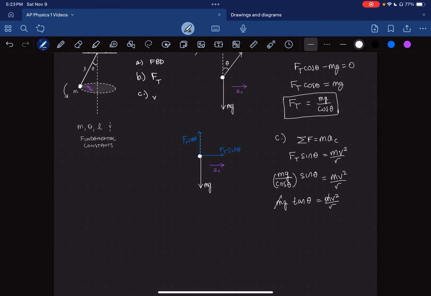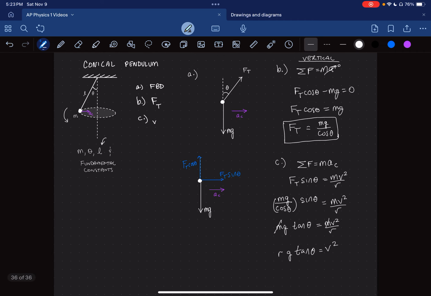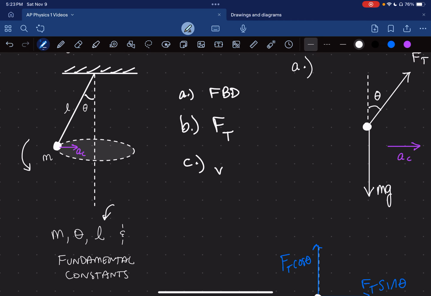And so this is almost finished here. I'm going to rearrange this. r g tangent theta is equal to v squared. Now, before I take a square root, I'd like to substitute something for r. Now, I know they let us use L, but r is not L. So if you look here, L is this length here, but the radius of this curvature is this much. If I erase this here, might have been better to do it on this side. Here is that radius, r.